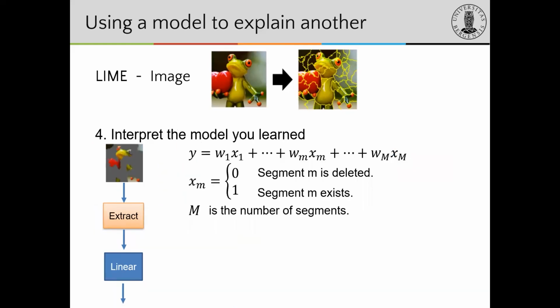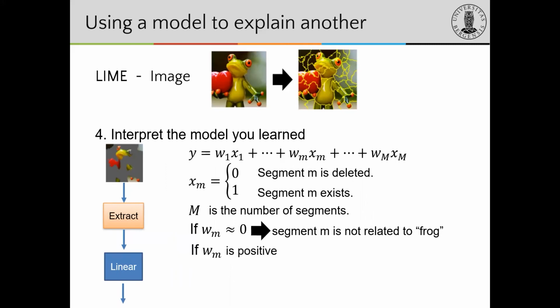Then afterwards we get a linear model like y equals w_1 x_1 plus and so on. Then we can look at the weights of each component, each segment. For example, if the weight is very close to 0, it means this segment is not related to fraud.